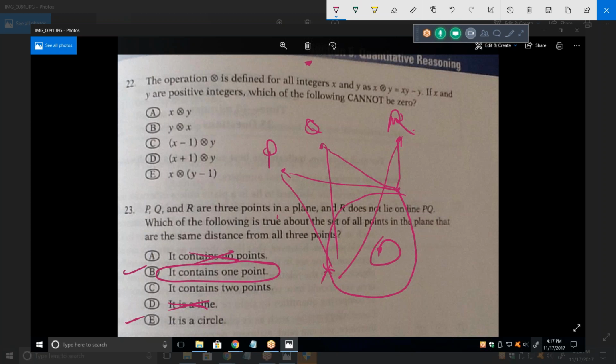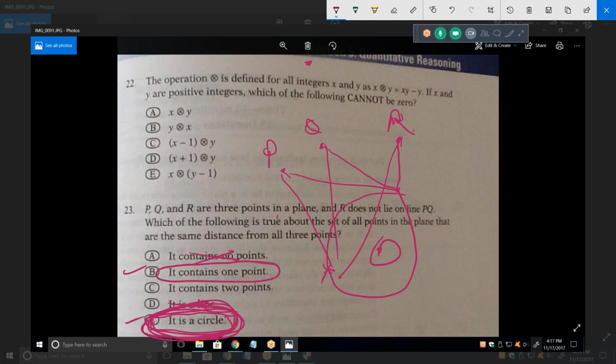So if this is the center of the circle, then we would have 2 answers that both worked. They are so tricky. They really are, because it was easy for me to see that we had to have a point that was the center of a circle, so I immediately went to that answer. But the circle is not the same as the center of the circle.